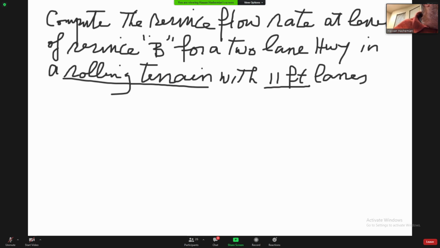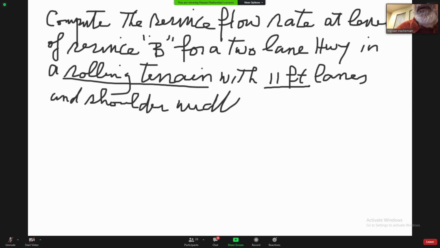And shoulder width of 4 feet. Okay, this is a shoulder width, 4 feet.